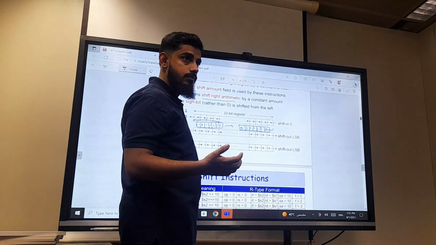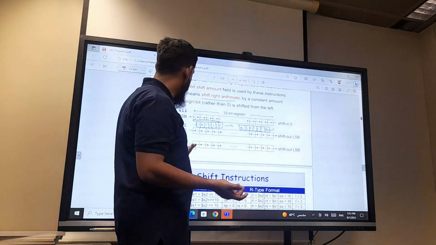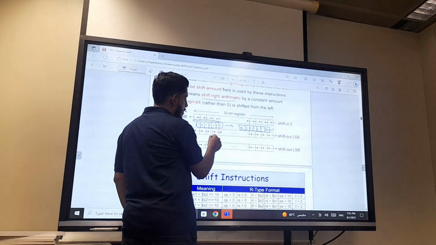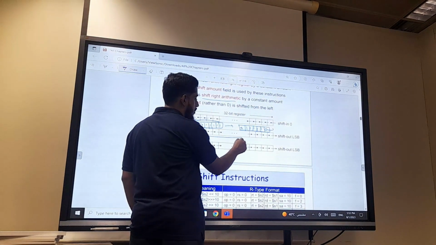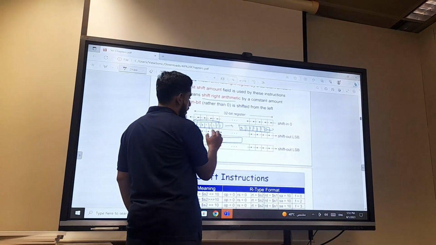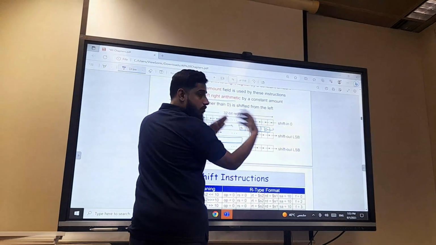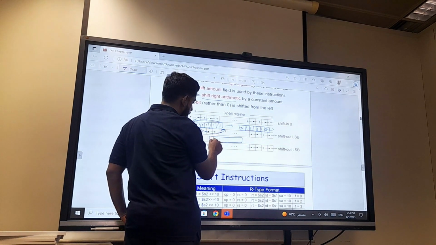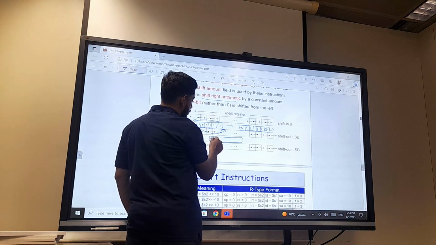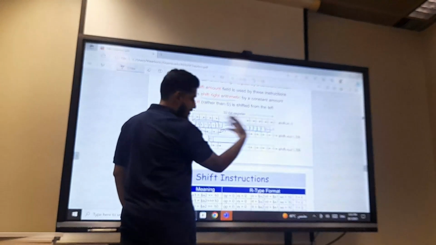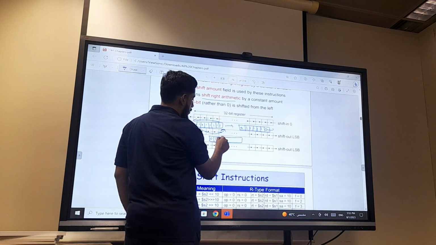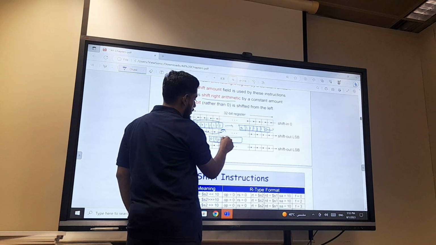On the right it will be the same but in the other direction. If I do the right shift with this, what will happen? Tell me the result. The first one will be 0. We have to move this way. The first will be 0, then 1, 0, 1, 1, 1, 1, 1.